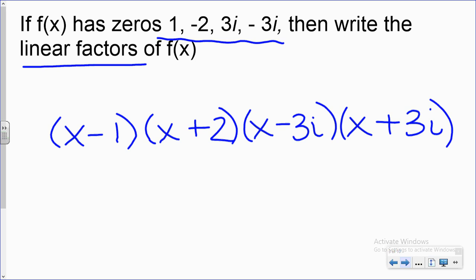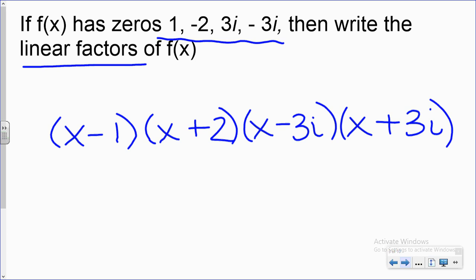You do not want to multiply a factor with an imaginary number with a factor that doesn't have one. Multiply these conjugates together first, okay? Then that will help you the rest of the way. Probably what I would do is I would multiply these two together, I would multiply these two together, and then I would take those two products and multiply them together, just to save you some room.